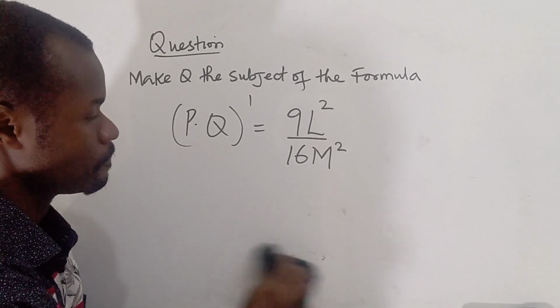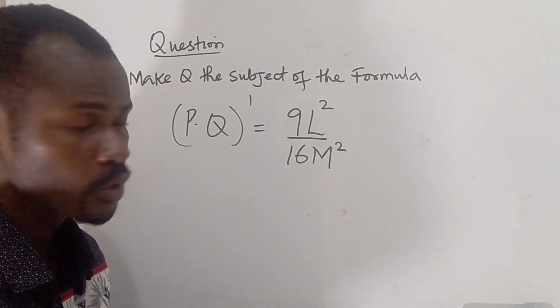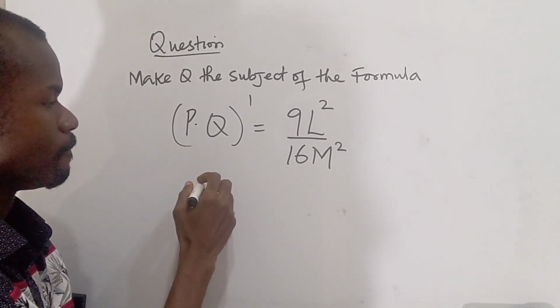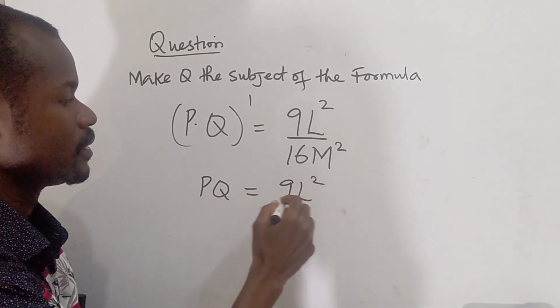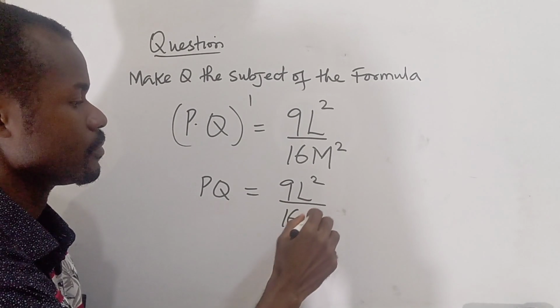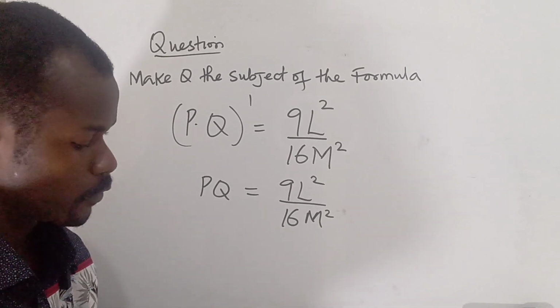Alright, so we are now to solve for Q and make Q the subject. Now, this is PQ equals 9L squared divided by 16M squared. There are two things we can do.